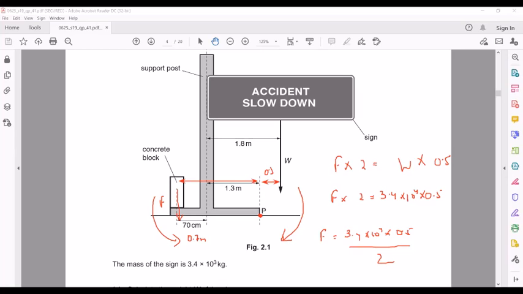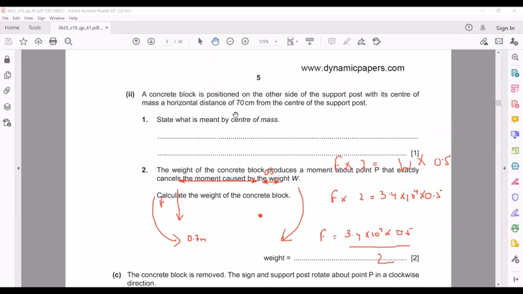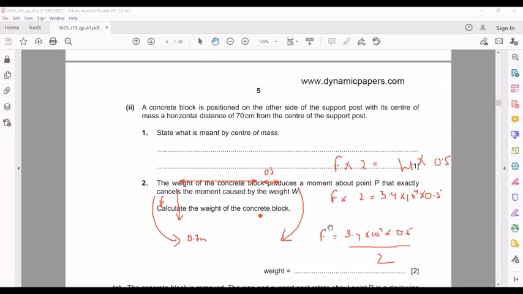The weight of the concrete block. $8,500. So this weight will be 8,500 newtons.